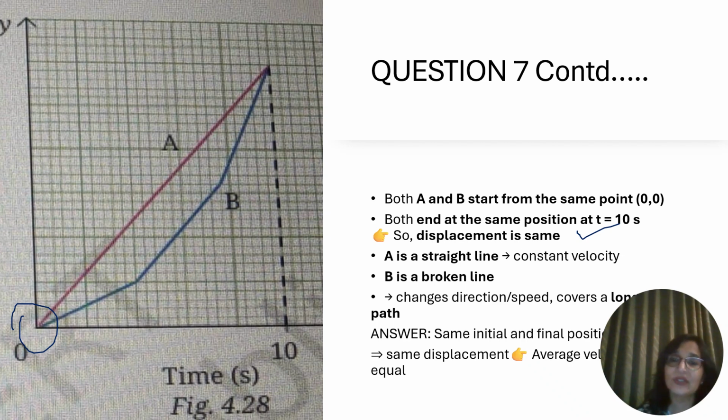A is a straight line, which, as we understood from the previous question, means constant velocity. And B is a broken line, which means it changes direction and speed, and covers a longer path. So what will be the answer? Finally, the correct option is that they have the same initial and final position, which means the same displacement and the same average velocity.